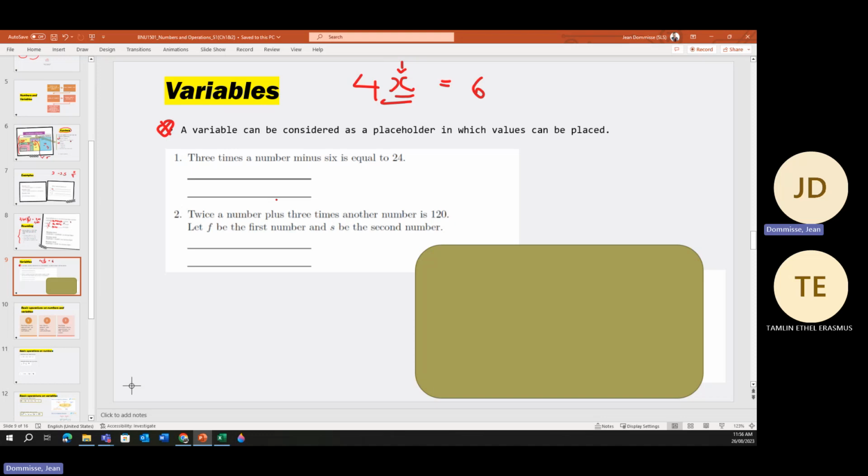Okay, so here they tell us 3 times a number minus 6 is equal to 24. So we assume that the number is x, unless they tell us we need to use a different letter. So 3 times a number minus 6 is equal to 24.